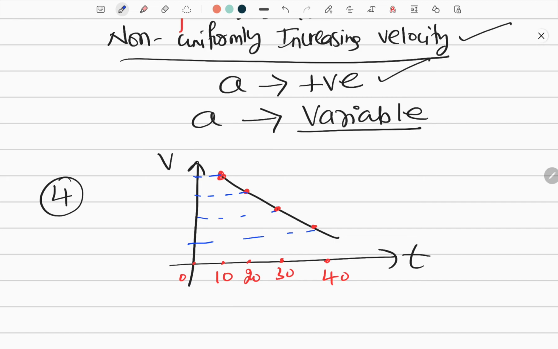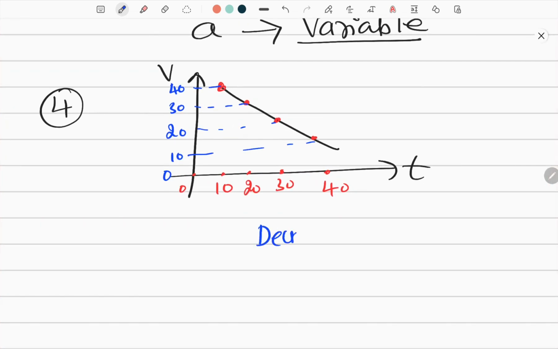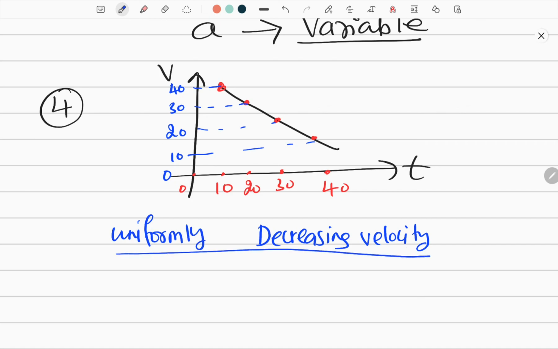Uniformly. Here it was, for example, 40, and here it is 30, 20, 10, then 0. Definitely this is a decreasing velocity, no doubt in this. But how is it decreasing? Uniformly decreasing. So that is the name of this graph, uniformly decreasing velocity.